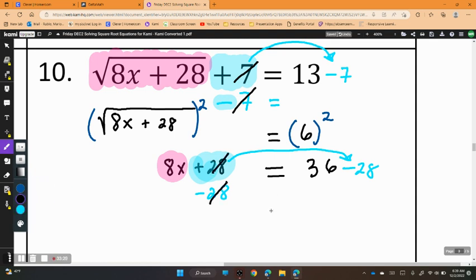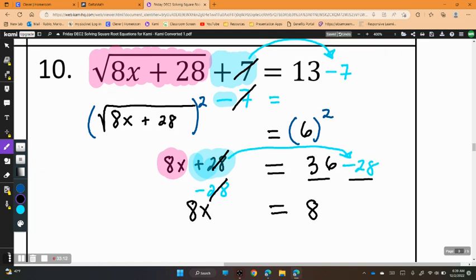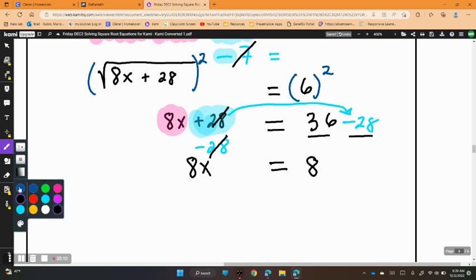Those cancel each other out. 36 minus 28 is 8. I bring down my 8x from over here. Now I can figure out how to get rid of this 8. Remember, this is 8 times x.